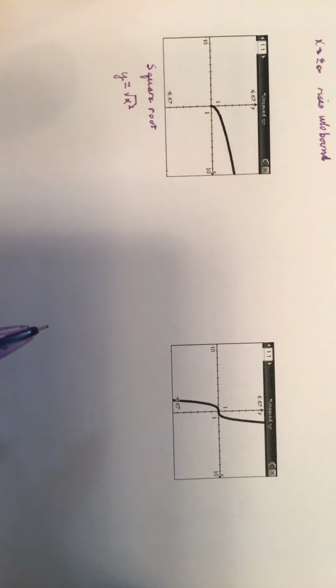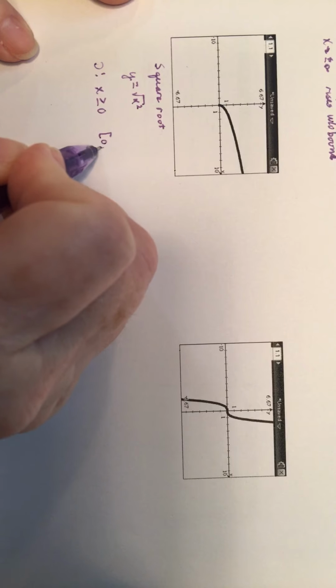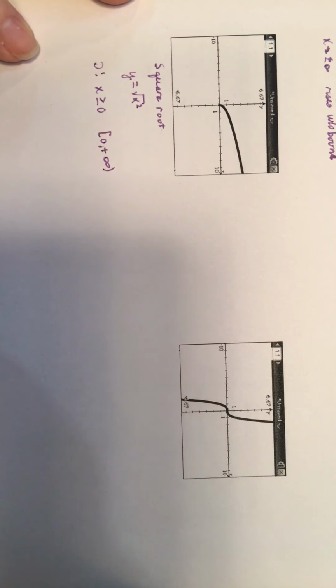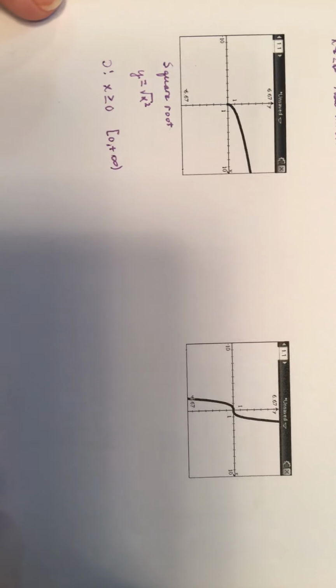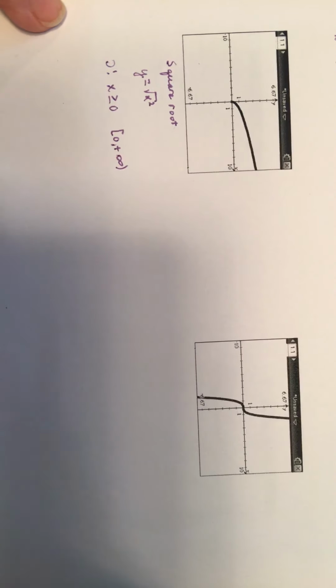So the domain is restricted, and x is greater than or equal to 0. Or you could use your interval notation. And the range is the same thing on this baby again, or you could use your interval notation with the closed bracket.